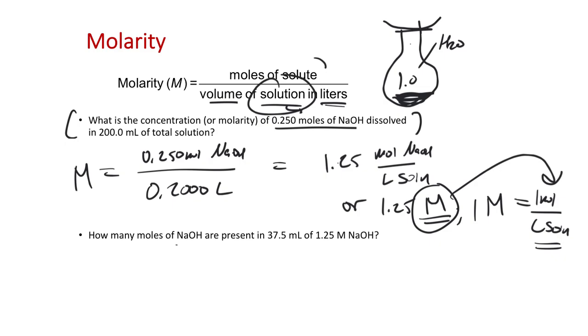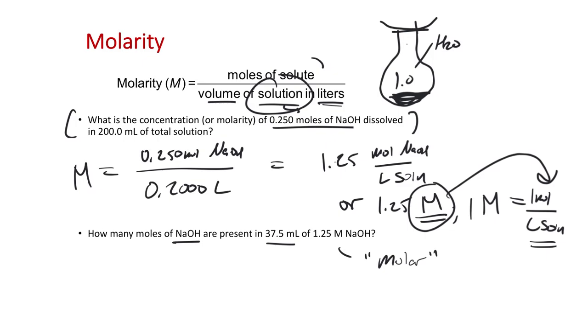For example, if we're asked how many moles of sodium hydroxide are present in 37.5 milliliters of 1.25 molar sodium hydroxide. M, I usually say molar if I'm saying it out loud. That's the vernacular you might use if you're reading it out. So 1.25 molar sodium hydroxide.